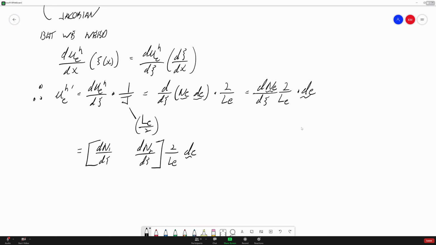And for our problem, this is equal to minus 1/2, plus 1/2, times 2 over L^e dotted with d^e, which is equal to 1 over L^e times minus 1, 1, times d^e.